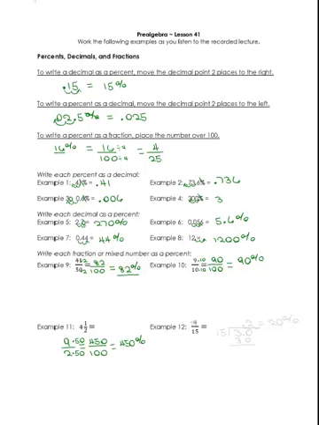Example number 12 is not quite so simple. This number is not supposed to be 4 at the top. It's supposed to be 3 over 15. And I realize you could easily reduce that, but let's just work it the way it is right now, because I want to show you something. There's another way. If you can't easily get the denominator to become 100, then you divide. 3/15 is really 3 divided by 15.